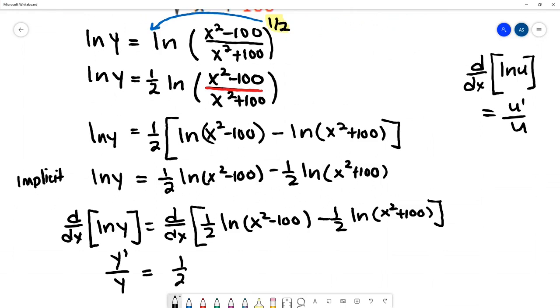I'll carry that down. We have natural log of x squared minus 100. So u prime, the derivative of the inside, is 2x over the inside, which is x squared minus 100. 1/2 is a constant multiple, and I'll take the derivative using that natural log rule. The derivative of x squared plus 100 is 2x over the inside of x squared plus 100.